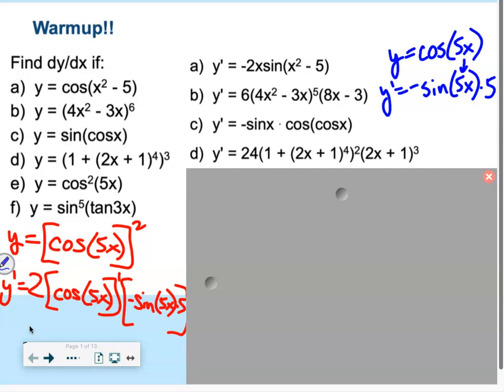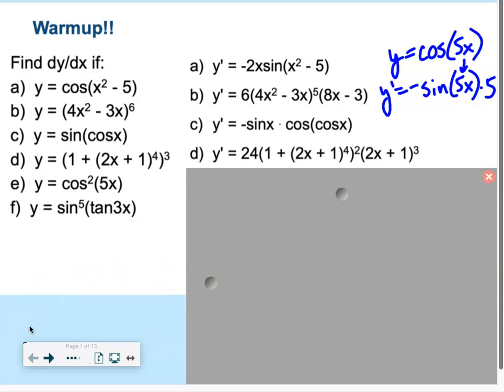Got it. So it's another chain rule inside of the chain. I like to call them nested chain rules. They're embedded chain rules. It's a chain rule within a chain rule. So this last one has a chain rule within a chain rule within a chain rule. It's like a triple nester.